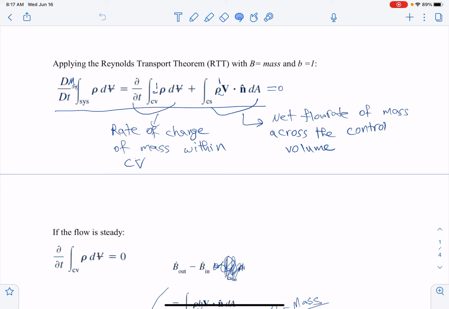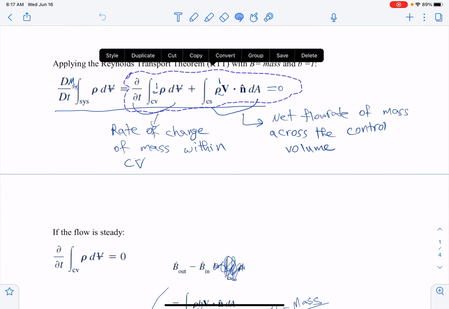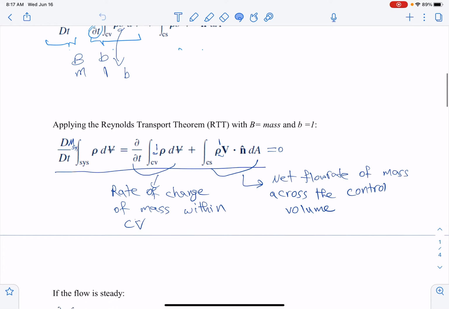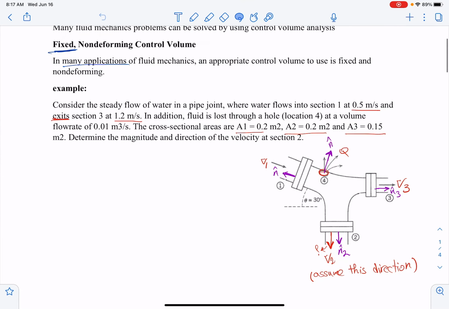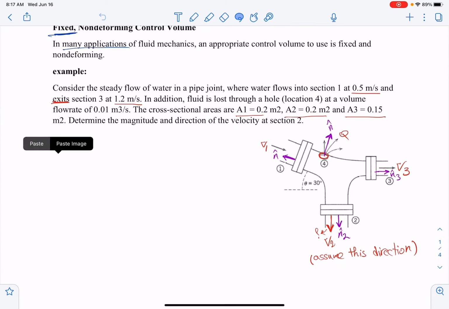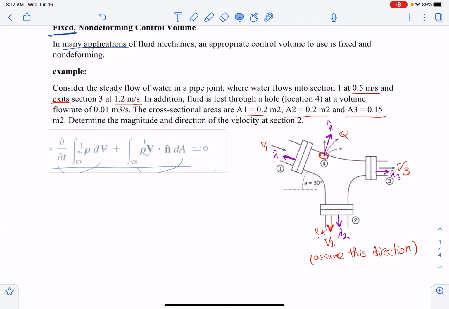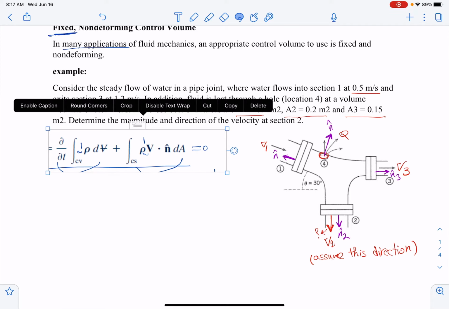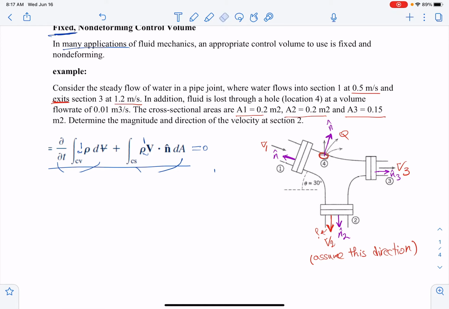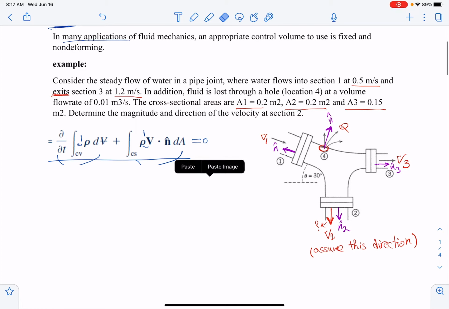We have this formula, the conservation of mass, and let's just put 0 here.